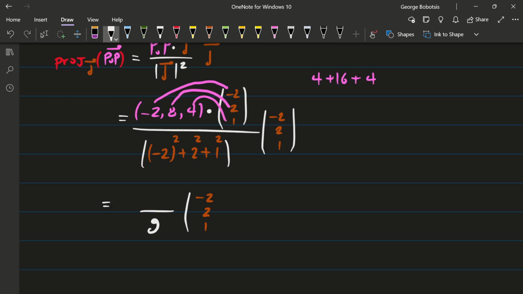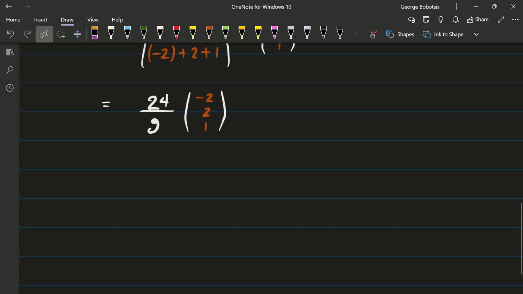That is in total 24. There you go. That's the projection. Now we can simplify this a little bit, and I really mean a little bit. Everything is base 9 here. We can't get away from that problem. So you end up with negative 48 over 9, 48 over 9, and 24 over 9.